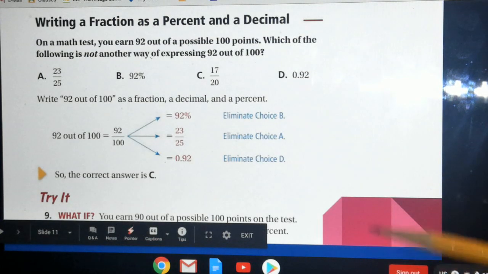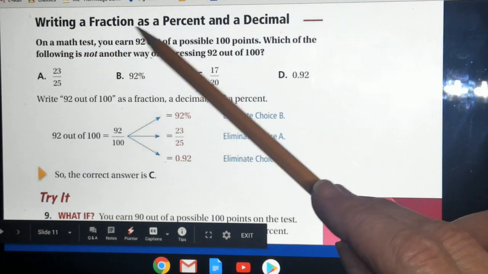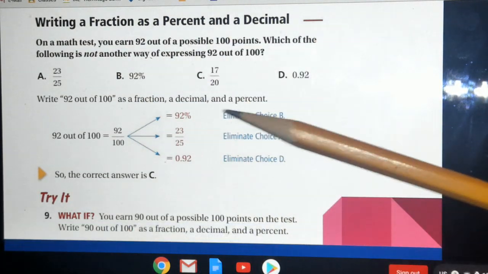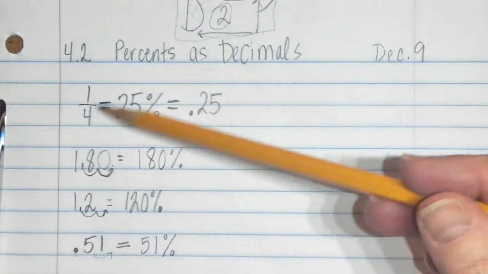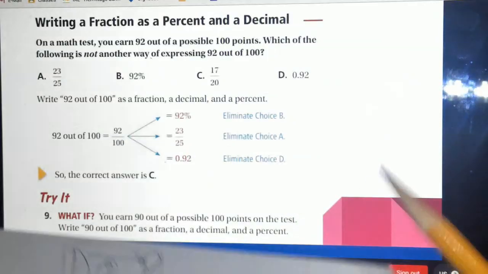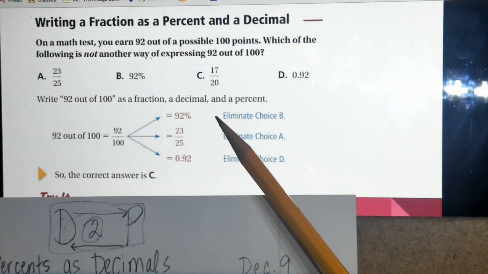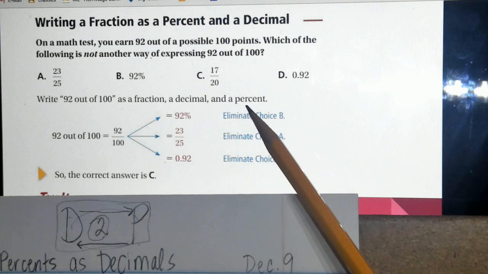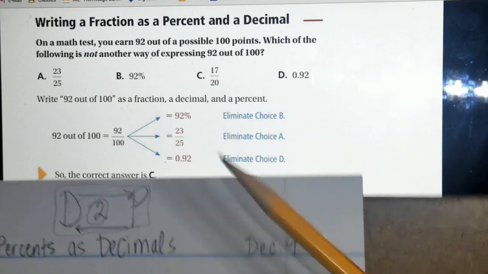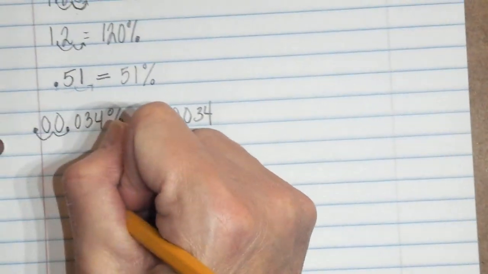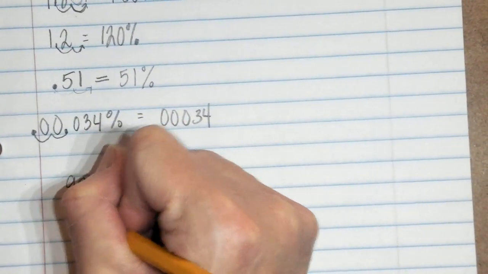Okay, now this one, look at this, fraction, percent, decimal. We looked at this in most of my classes on Friday, but like I said, with this example, you can write the same number 3 different ways. So this question is saying you earned a 92 out of 100 possible points on a math test. Which of the following is not a way of expressing 92 out of 100? So 92 out of 100.